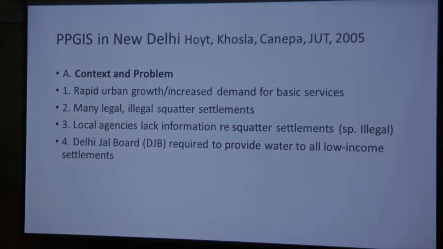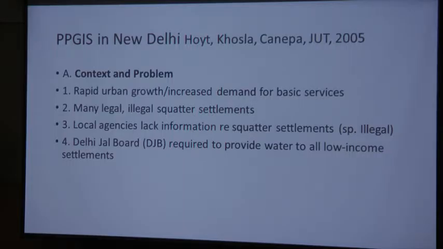I also wanted to draw your attention to an older study, which in 2005, these scholars did in New Delhi in a slum. It's very much a public participation GIS project where, again, as part of this rapid urban growth, many squatter settlements have taken place. They many times lack basic services, and they also have limited access to water, for instance.